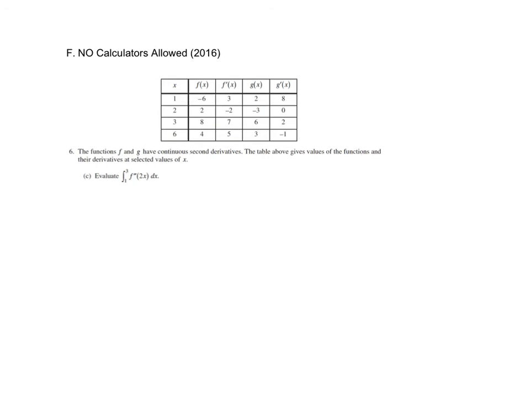Alright, so part C asks us to evaluate the integral from 1 to 3 of f double prime of 2x. And make sure you notice that that is an inner function, which means we will need u substitution. So let u be 2x, du is equal to 2 dx.